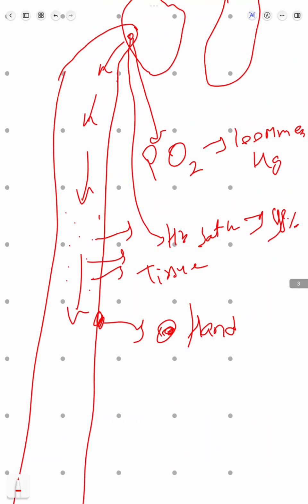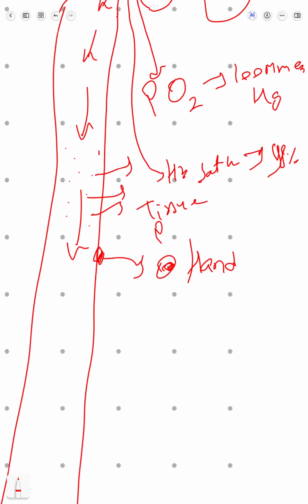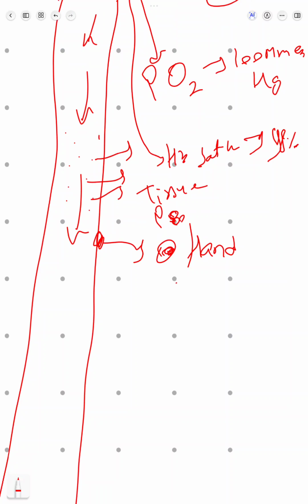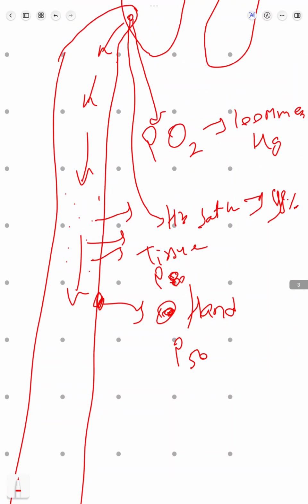For example it was 100, now right here it was 80, and by coming to the hand it goes to 50. As the partial pressure keeps on decreasing, the oxygen on the hemoglobin also comes out, and it is continuously contributing to increase the partial pressure.